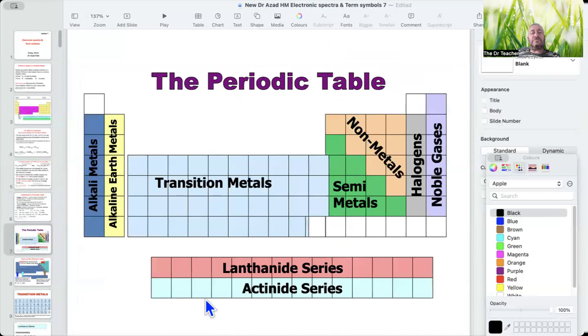The periodic table has alkali metals, alkaline earth metals, transition metals, semi-metals, non-metals, halogens and noble gases. The lower two rows are the lanthanides and actinides.